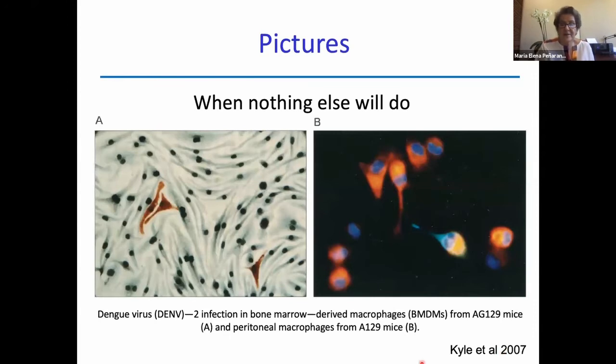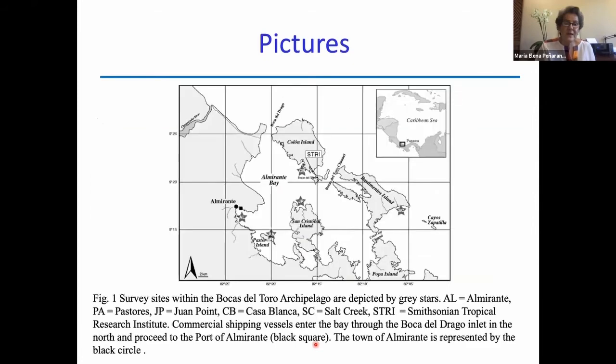Her name is Jennifer Kyle, and she's from Eva Harris' lab from many years ago. So this is when you can justify showing a picture, when it's absolutely necessary to show expression, growth, and a cell culture, and it's worth it.